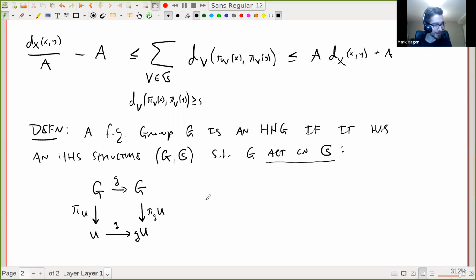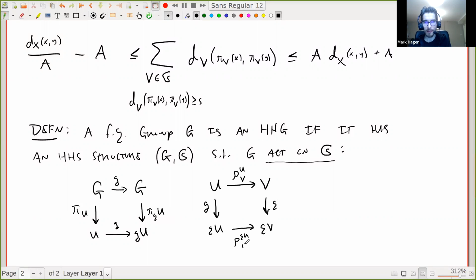This isn't so important for what's later. I'm just telling you what a hierarchically hyperbolic group is. And similarly, if I have two of the hyperbolic spaces, I have these isometries induced by elements of G, and if I had these constant maps, so if these are transverse or U is nested into V, then I have this special point rho UV inside of V, and this commutes when you think of that choice of point as a constant map.